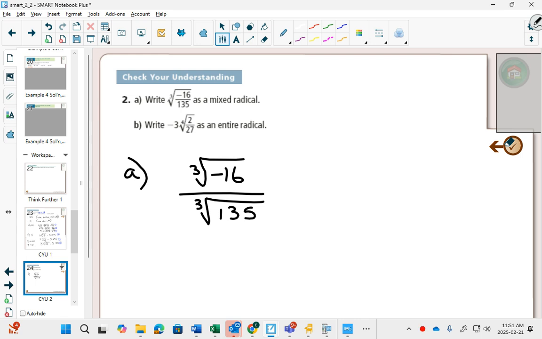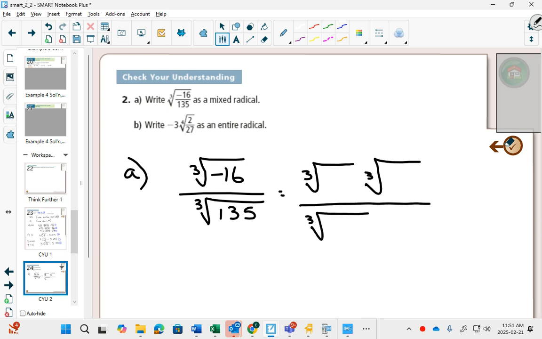And if I want a mixed radical, then I'm going to need to break up, if possible, I don't even know if it's possible, I need to break up 16 and I need to break up 135. So we go to our powers chart. Because they're cube roots, we would look at our powers of 3.